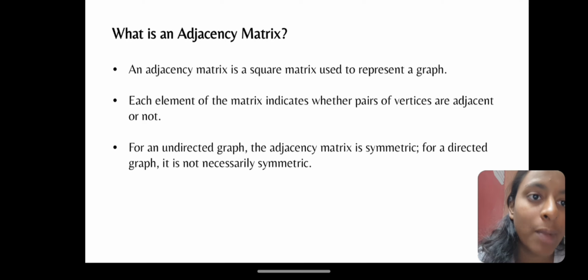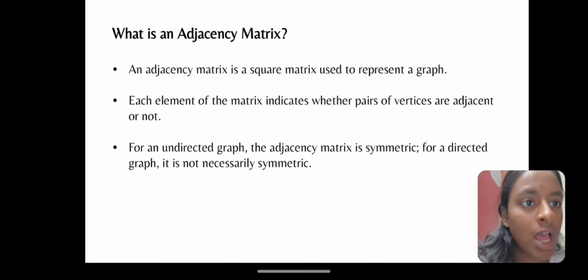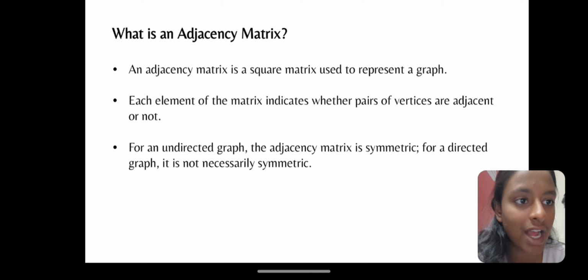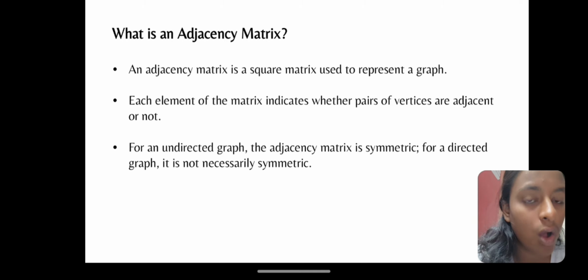Each element of the matrix indicates whether the pair of vertices are adjacent or not. If the element in the matrix is 1, then there is a connection between those two vertices and they are adjacent. So this adjacency matrix gives us an idea about whether the vertices are adjacent or connected or not.